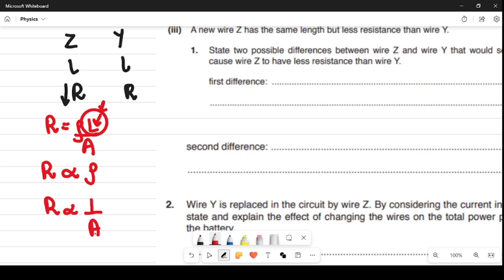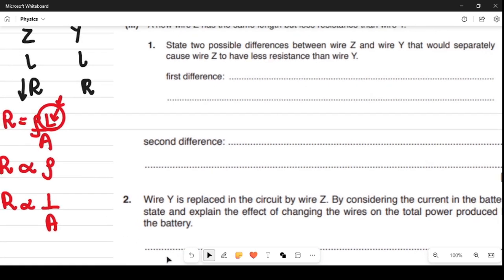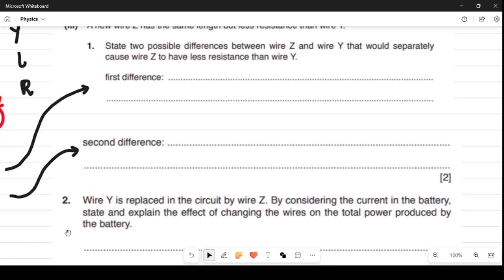Therefore, if Z has a lower resistance than wire Y, Z will also have a higher cross-sectional area than wire Y. Why? Because resistance and cross-sectional area are inversely proportional. We will be using these two differences. Okay, so to phrase it, let's go.